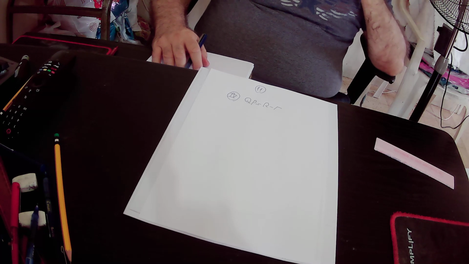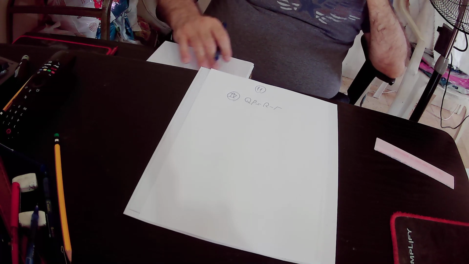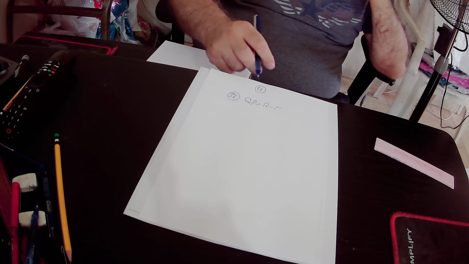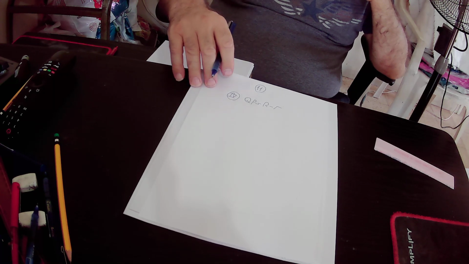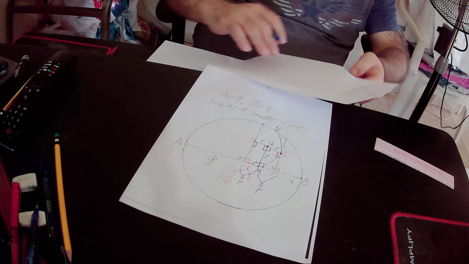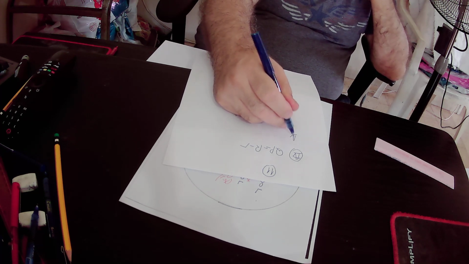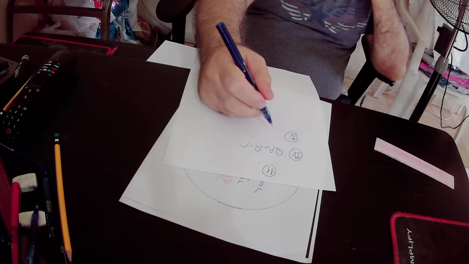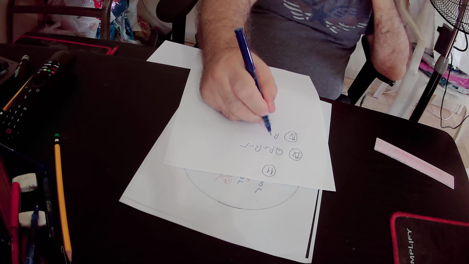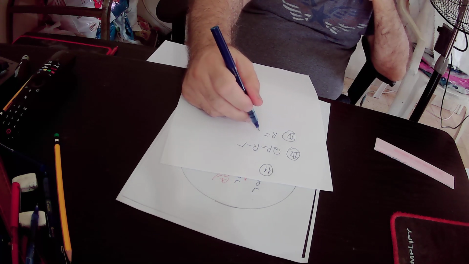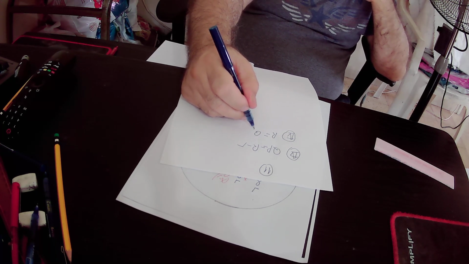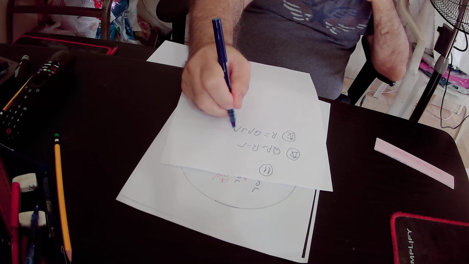So here we will add small r to this equality, to equation number 4, and we will get that capital R equals QP plus small r.